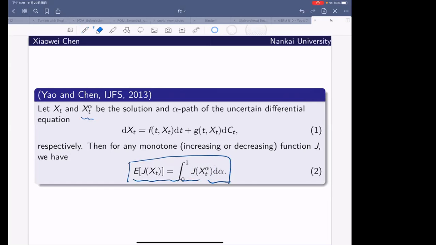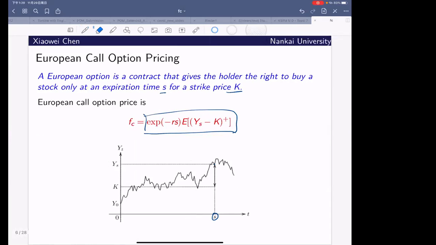This formula gives us the solution, because you can find that the pricing formula is increasing with the underlying stock price Y. So when Y goes up, the option price will also go up. So we give the solution.